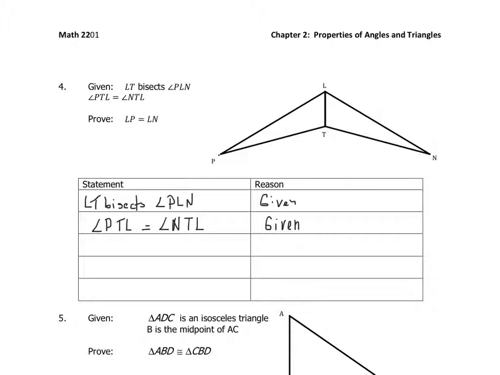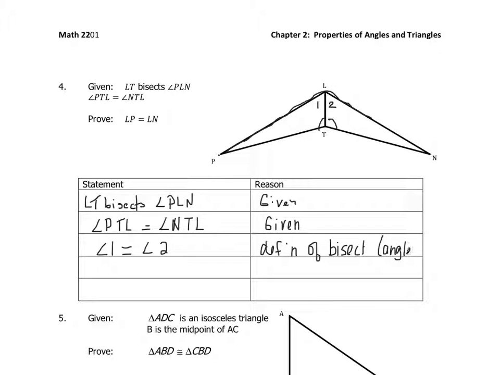I'm going to mark that in just so you can see a little better. So PTL equals NTL, and because LT bisects angle PLN, here's P to L to N, that means that these two angles, angle 1 and angle 2, have to be equal to each other because of the definition of bisect an angle.